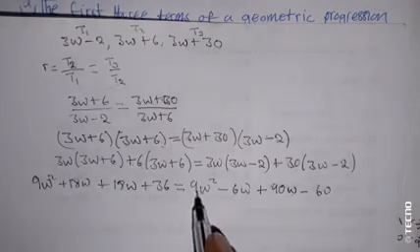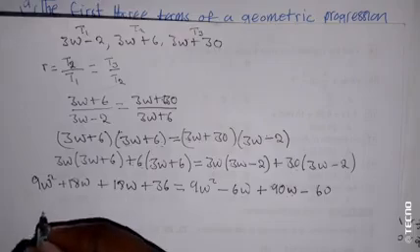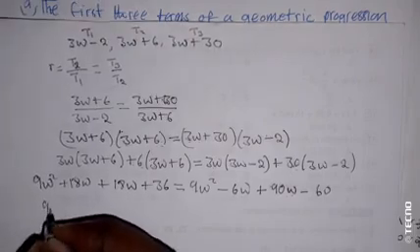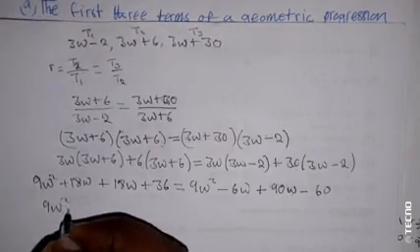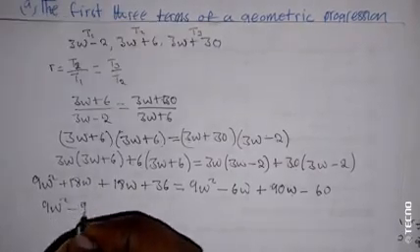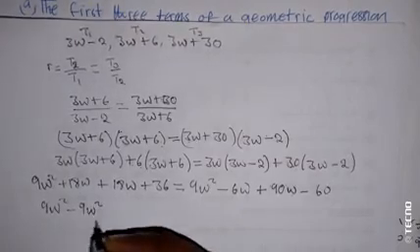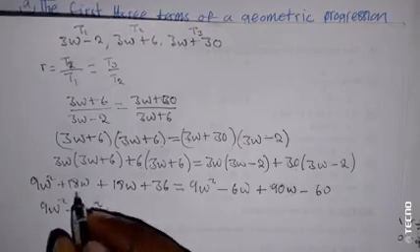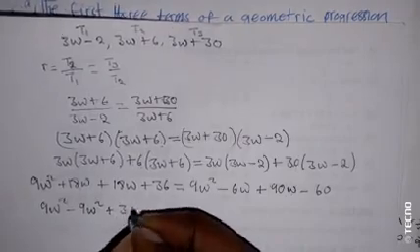Here we have 9w squared on one side and minus 9w squared on the other, so they cancel. Then we have plus 36.